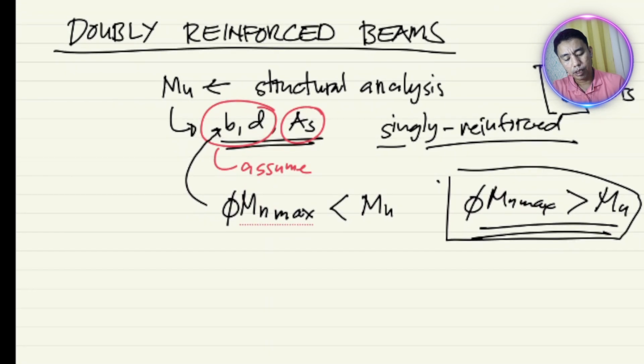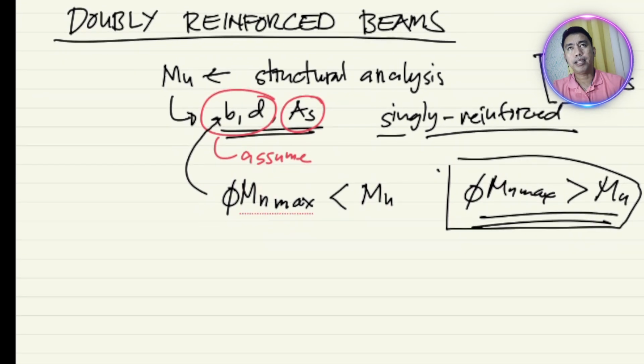Now, but in practice, most of the time we do not have the freedom for the section of the beam. Okay. Sometimes the architects specify the maximum depth ng beam. For example, let's say a 2-story residential building.